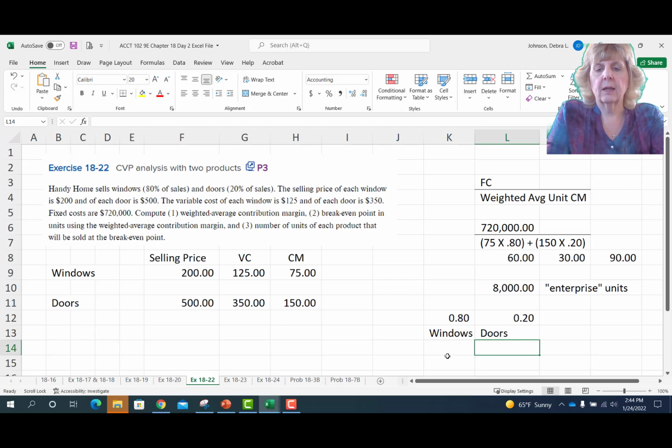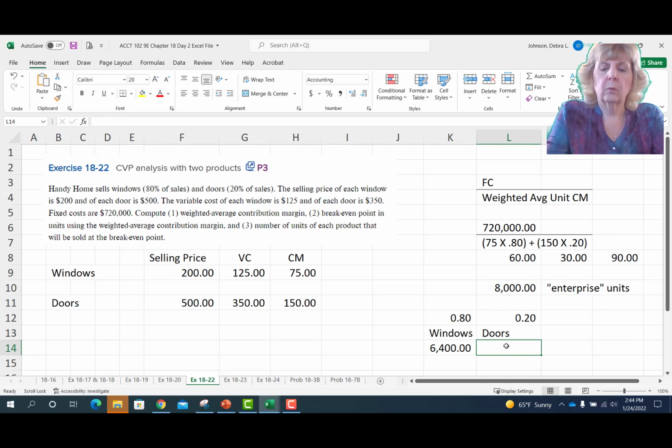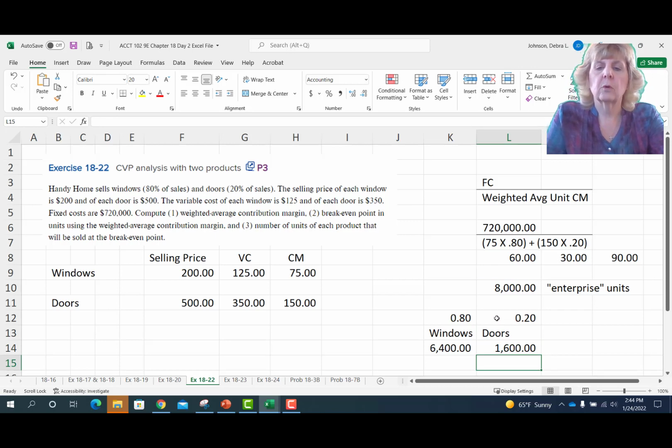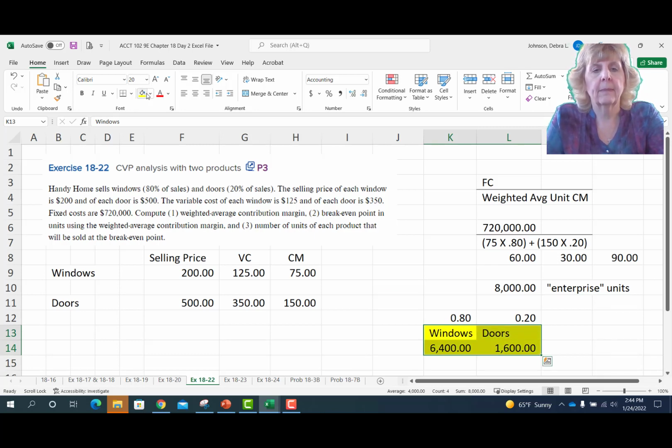And when I take that 8,000 times 80%, my break-even point with that given sales mix would be 6,400 windows, and once I do the math, 1,600 doors. So there's our break-even point based on the windows and doors that we sell.